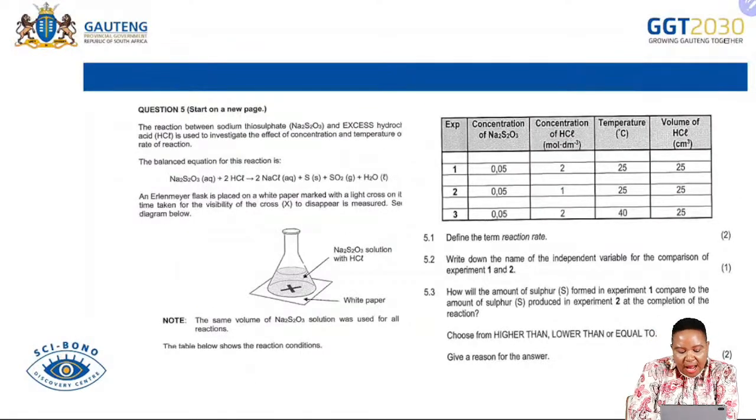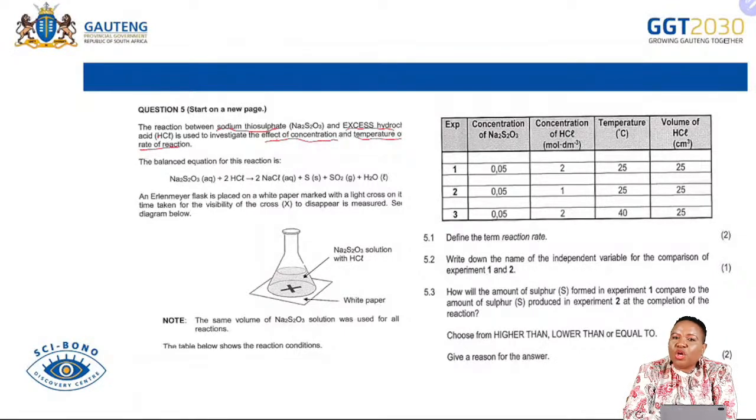These are the types of long questions that you can find in question number 5. Here they are giving you the statement. As you know, the statement will always give you the clue about the question. The reaction between sodium thiosulfate and excess hydrochloric acid is used to investigate the effect of concentration and temperature on the rate of reaction. So you know how the concentration and the temperature affect the rate of reaction.